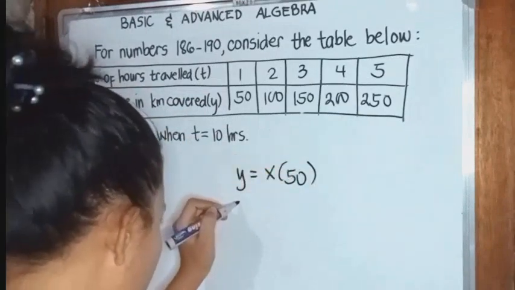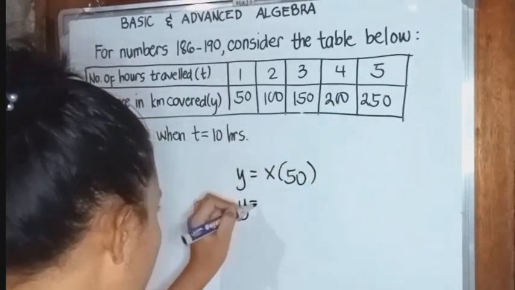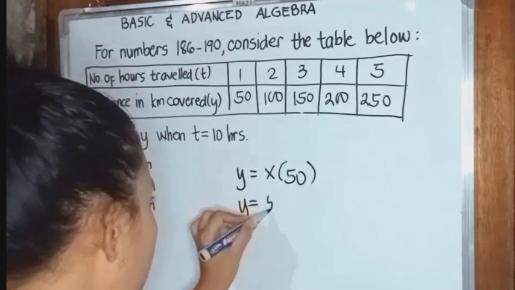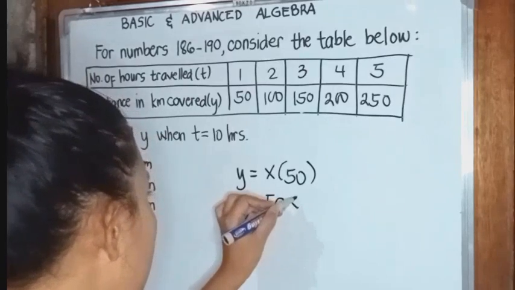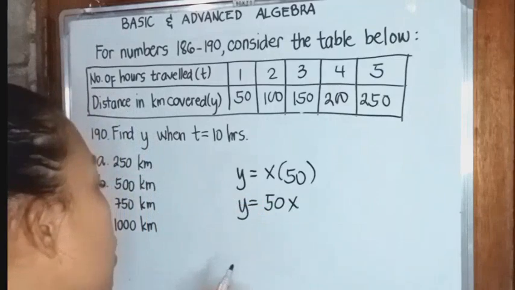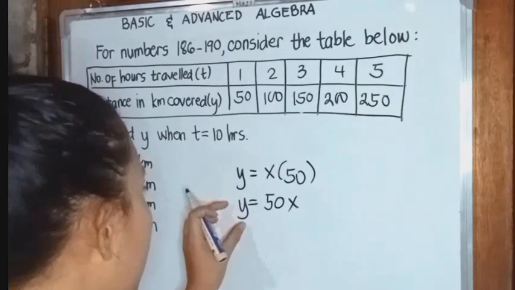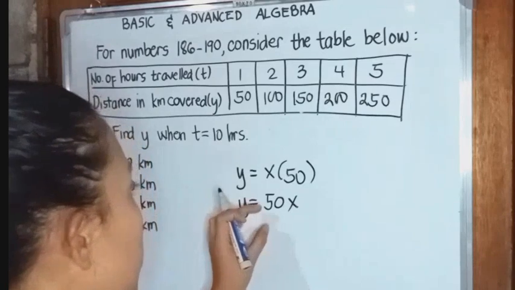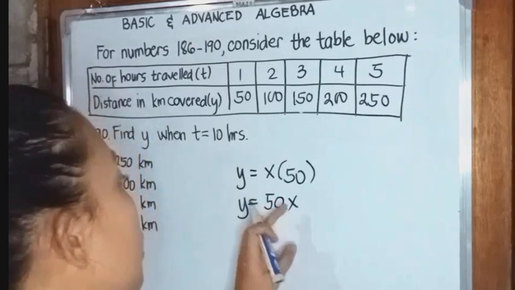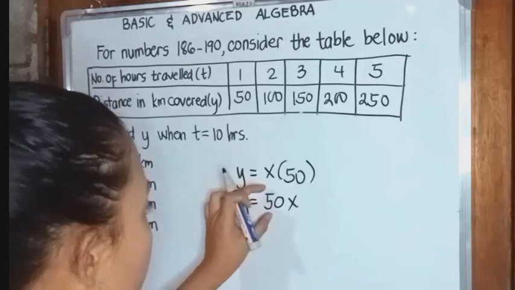Or y is 50x. So this implies that the distance covered is equal to the number of hours times 50.